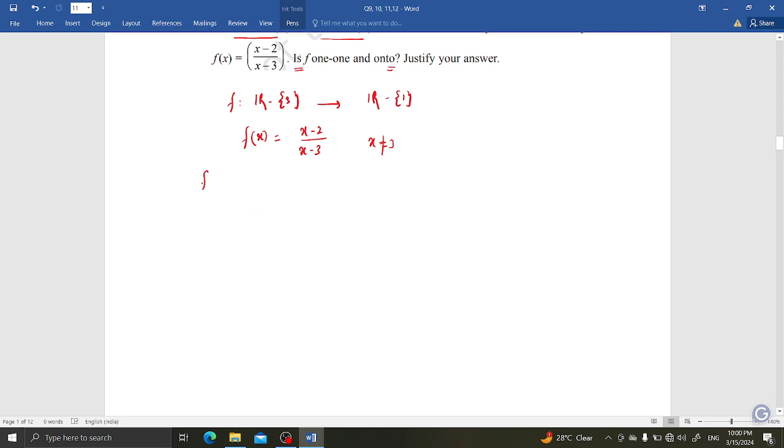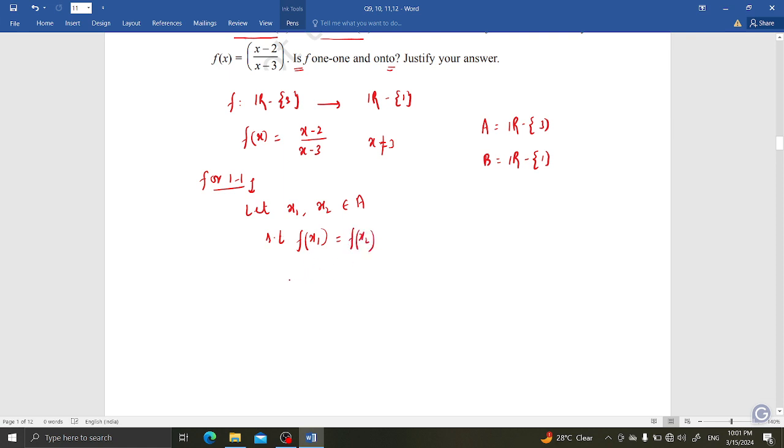Now for one-one, how can we check it? Let x1, x2 belong to set A. Set A we already know is the domain set, R minus 3, and set B is our codomain set, that is R minus 1. So x1, x2 belong to A such that f of x1 equals f of x2.